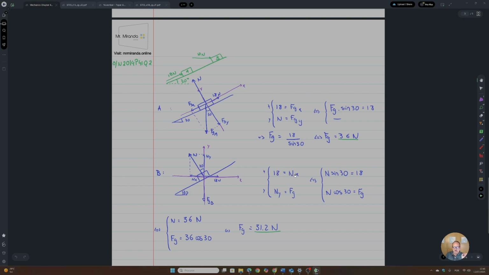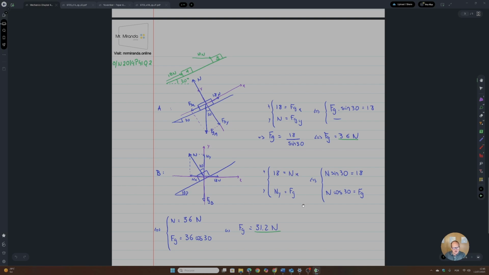So 18 equals N sine of 30, the opposite side, right? So I can get directly the normal contact force: 36 Newtons. I plug it over there and I get the Fg. Fg is 36 times cosine of 30, so it's 31.2. That would be the answer for the last question.